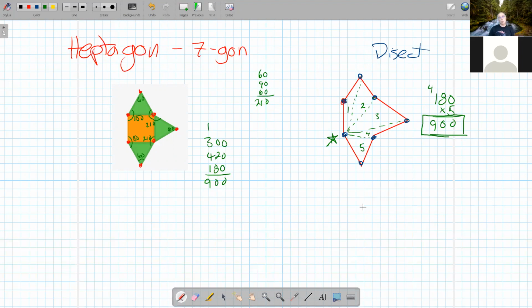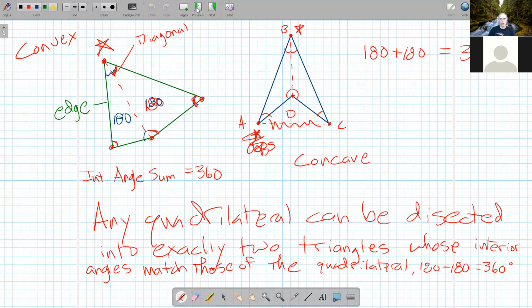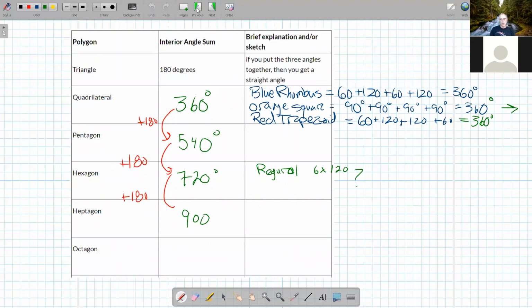All right, so now we have more evidence. So I'm going to put that down in my evidence back here. So a heptagon can be dissected into, to count again, 5, wasn't it?